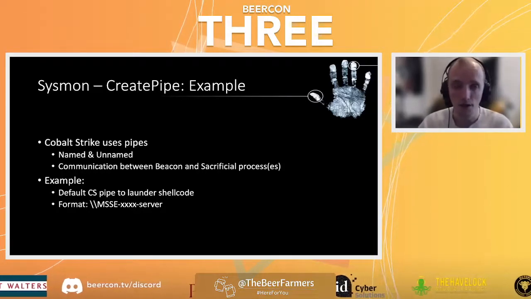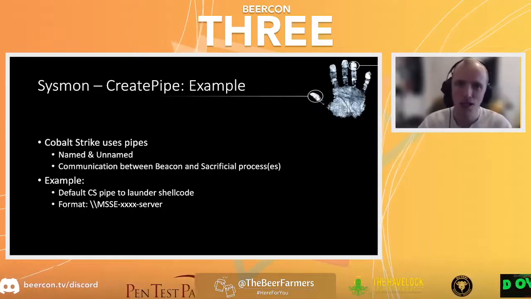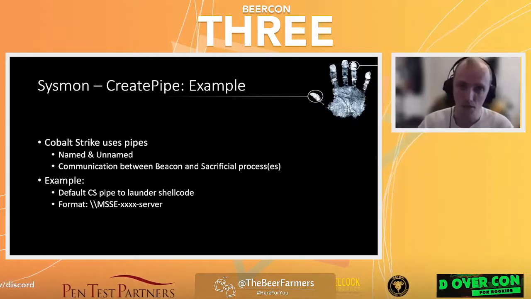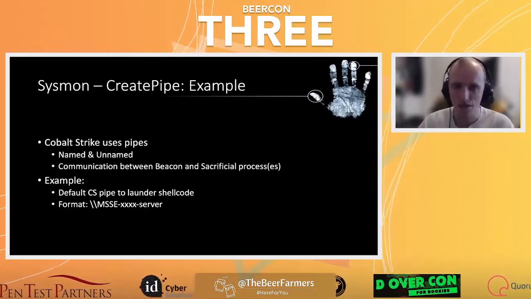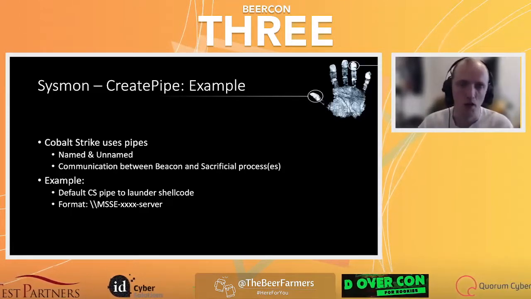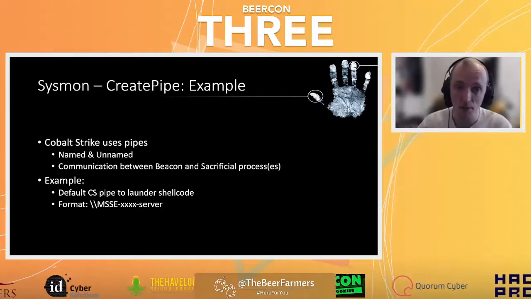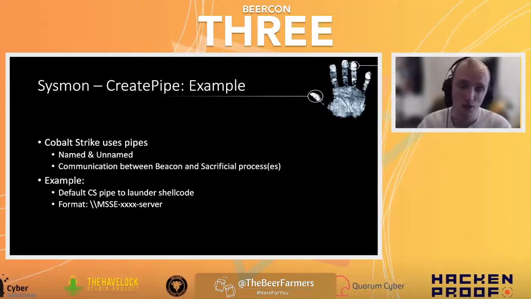Cobalt Strike uses named and unnamed pipes, basically for communication between beacons and sacrificial processes. As an example, the default Cobalt Strike pipe for post-exploitation shellcode basically starts with msse-number-server. Good threat actors and good red teams basically change the default pipe names so they are not easily recognizable, as they would be if you keep using the default ones.